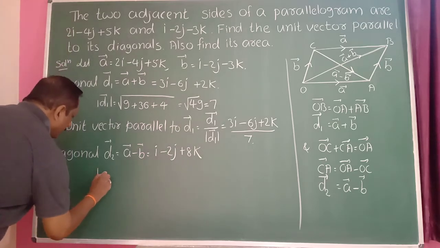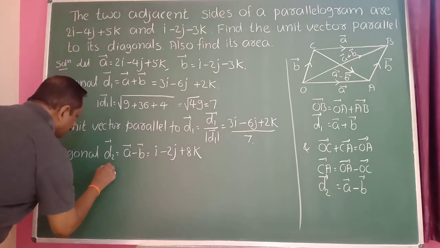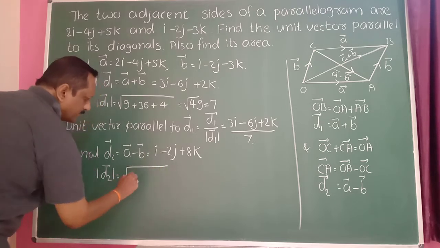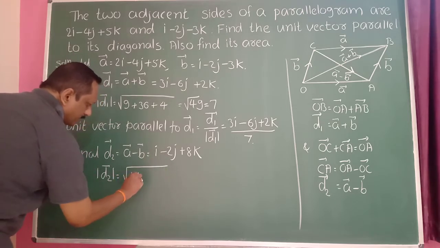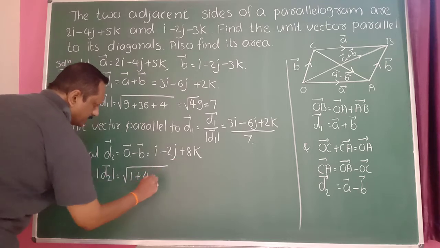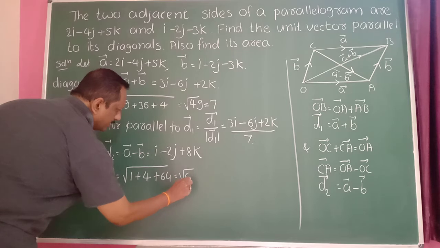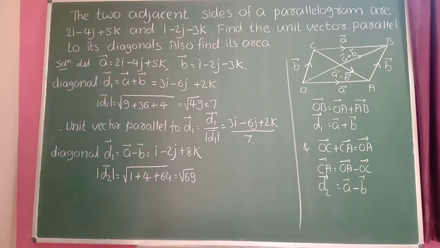Therefore, modulus of D2 is equal to root of 1 square, which is 1, plus 2 square, which is 4, plus 8 square, which is 64. Therefore, root of 69.